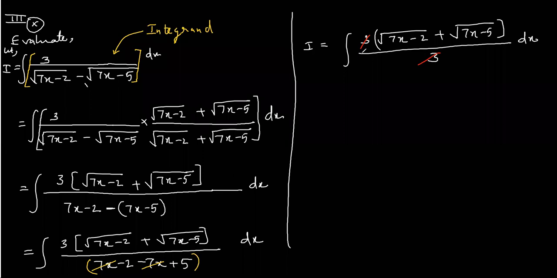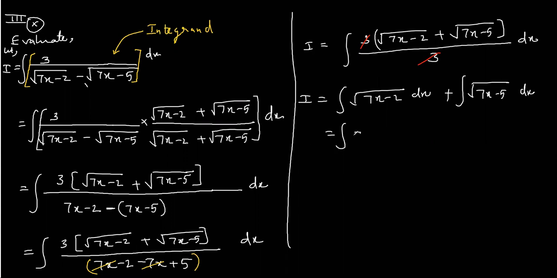You have I equals the integral of square root of 7x minus 2 dx plus the integral of square root of 7x minus 5 dx. I am writing separate integrals. The next step, I can write (7x minus 2) raised to half dx plus (7x minus 5) raised to half dx.